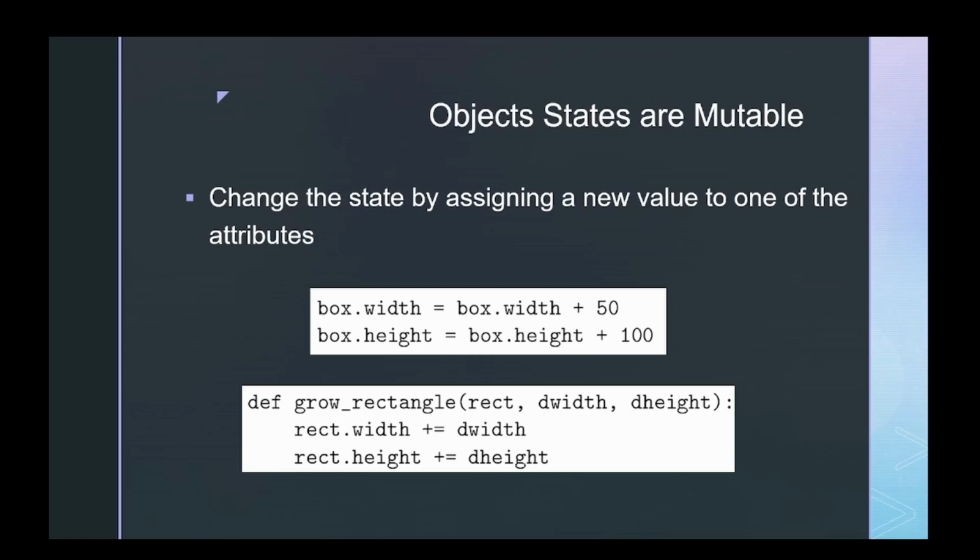I can grow the height of my rectangle by 100. So I say box.height equals box.height plus 100. And here I can even create a function that will grow my rectangle if I send it a rectangle, the width that I want it to grow, and then the height I want it to grow. And all I do is set the width and height to the original value plus the new value.